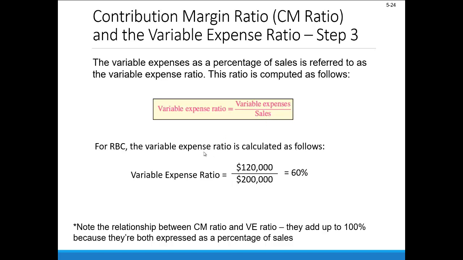So for RBC, that's the 120,000 in total variable expenses on their income statement, divided by sales of 200,000, or 60%. And again, with a CM ratio of 40%, I could also find this by just taking 100% minus the CM ratio of 40 to get my variable expense ratio of 60. The reason those add up to 100, they're both expressed as a percent of sales. So we always have to account, if you will, for 100% of sales.